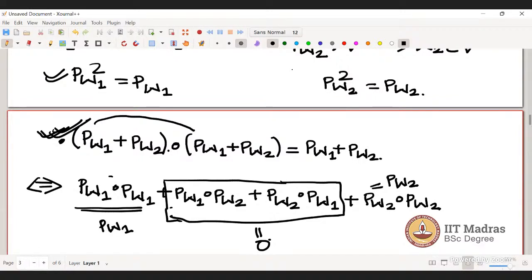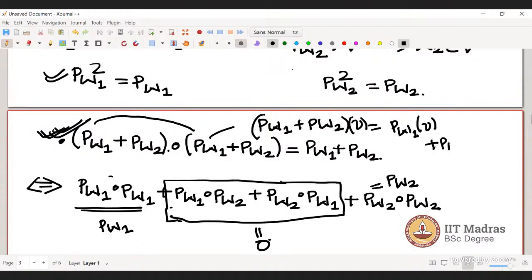You have to see what is this PW1 plus PW2 of some vector. It is PW1 of V plus PW2 of V. So then you try to compute manually, you can get it.